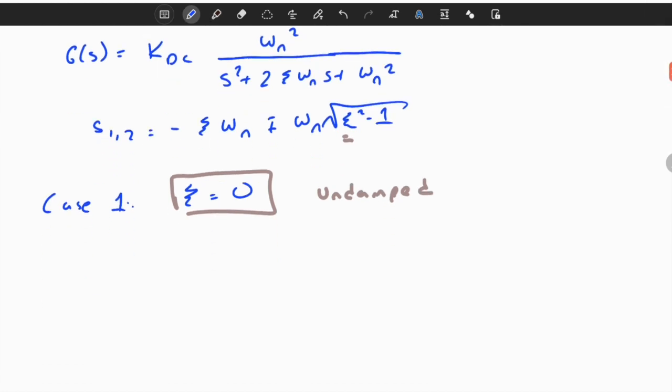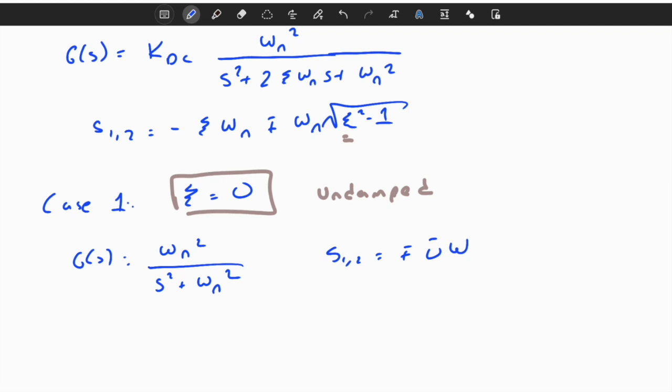In this case, G of S is equal to omega n square divided by S square plus omega n square. As you can see, we have two imaginary roots, so S1,2 is equal to plus minus j omega n. Once we have imaginary roots, if you remember your Laplace transform knowledge, we should obtain sinusoid or cosine-like signals at the output.